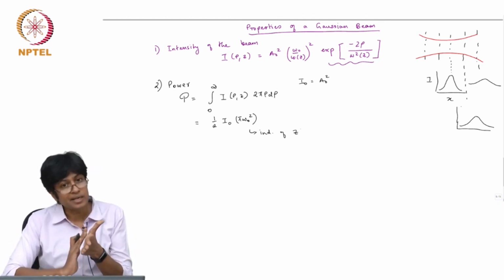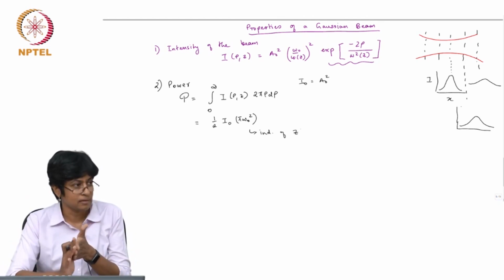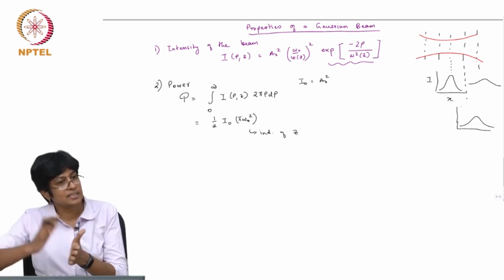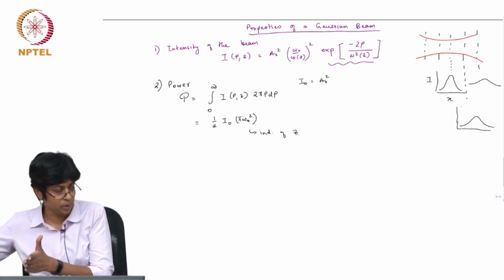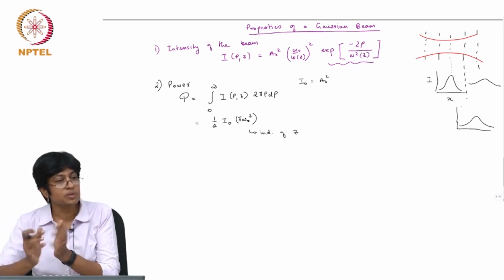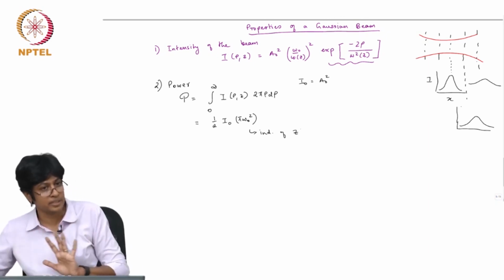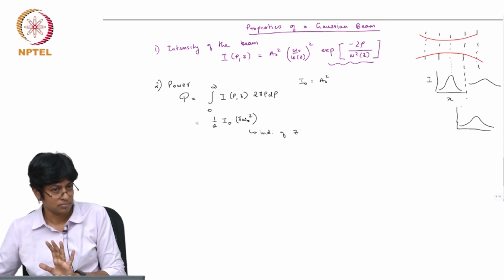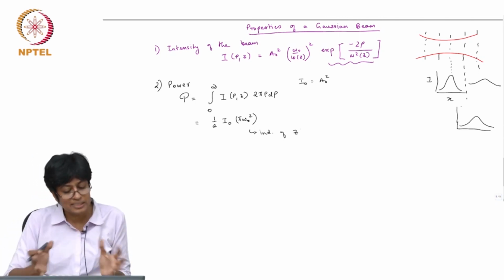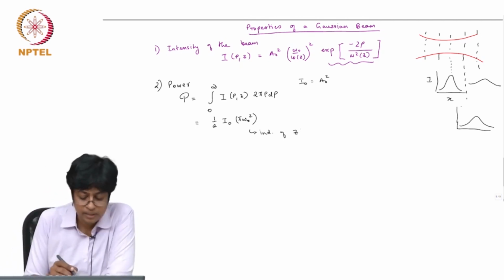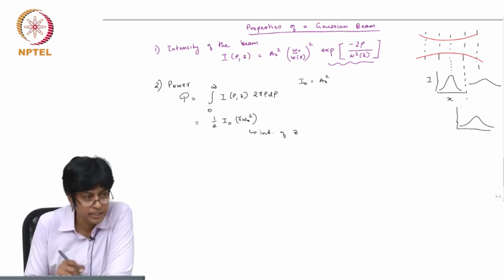So if the wave had a certain power in one plane, it has exactly the same power in any plane as it propagates. The difference is, though, that power is spread over a different area, right? So the expression you get is independent of Z, and in fact, you can consider this term that I put in brackets sort of as an area.